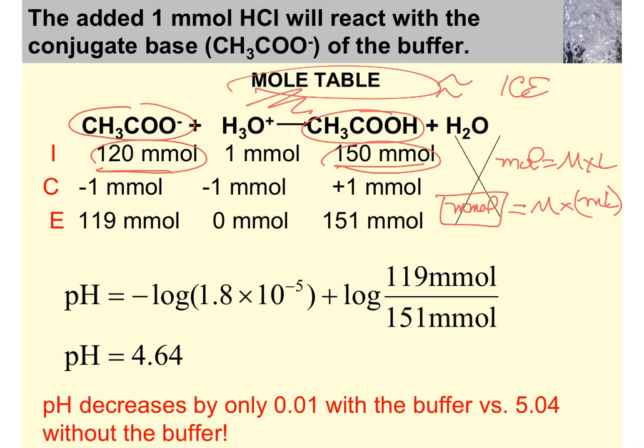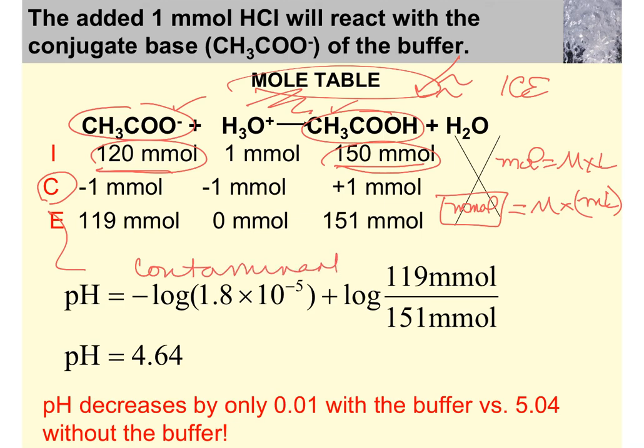Now, when you're working with buffers, we're used to the products in an ICE table typically starting out at 0, right? They're not going to in a buffer. You're going to have some conjugate base and acid both there. All right, so how do you know the change? The change is going to represent the contaminant.